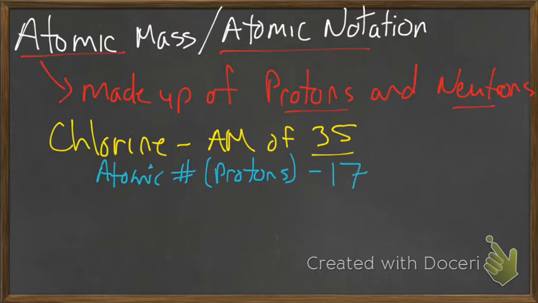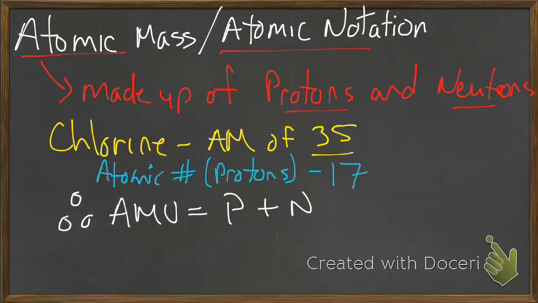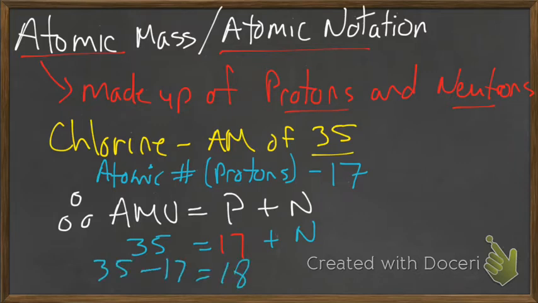Therefore, if AMU is equal to protons plus neutrons, and we know atomic mass is 35, and protons was 17, we should be able to find out what this value of n is. If we do a little rearranging, 35 subtract 17 is equal to 18. Therefore, chlorine has 18 neutrons.